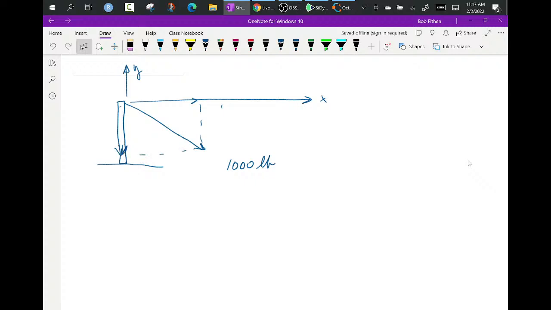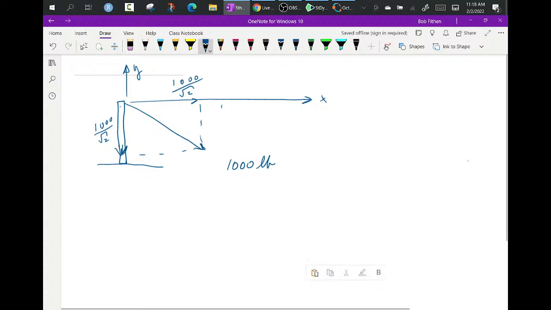So what happens is 1,000 pounds divided by square root of 2, and 1,000 pounds divided by square root of 2. Now, what you're saying here is I have a component where he was pulling the tree down into the ground a certain amount, but also up at the top he was pulling it over to the side.